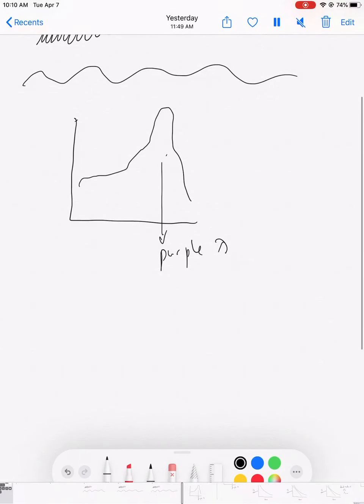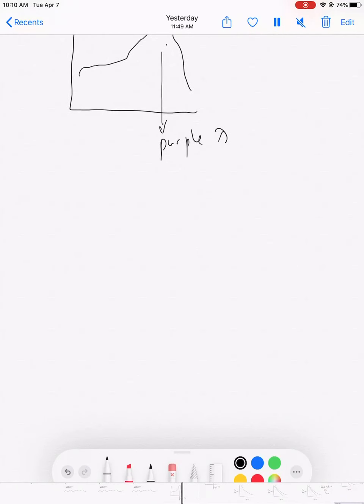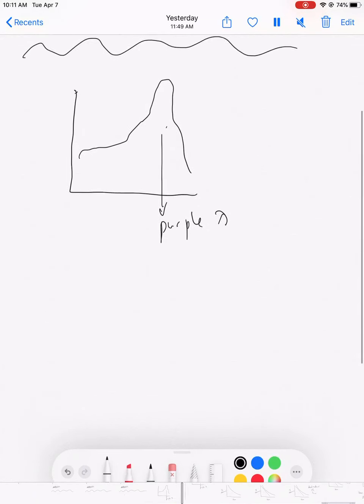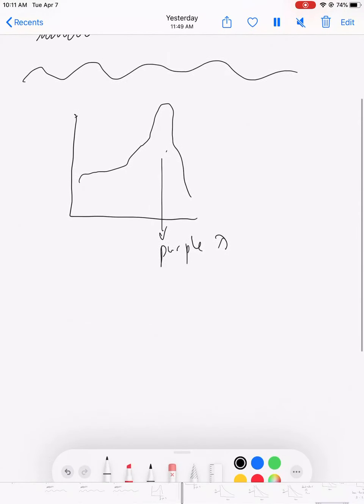But there's some wavelength that the crystal violet absorbs best, based on that peak. That's the wavelength you want to measure using your spectrophotometer, because that's the wavelength that's going to change the most as you get less and less crystal violet, so less and less of it will be absorbed.